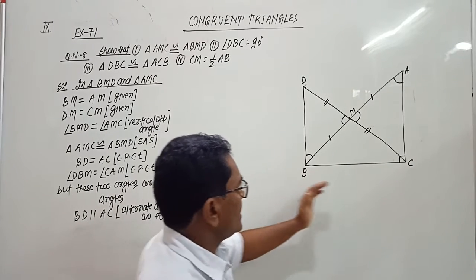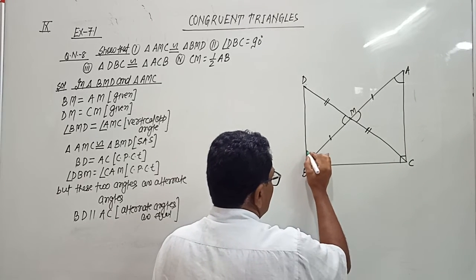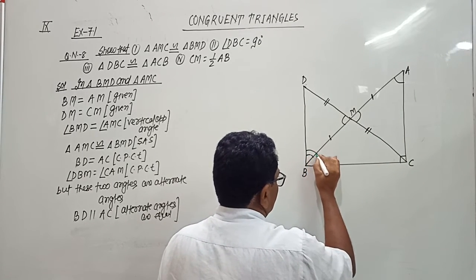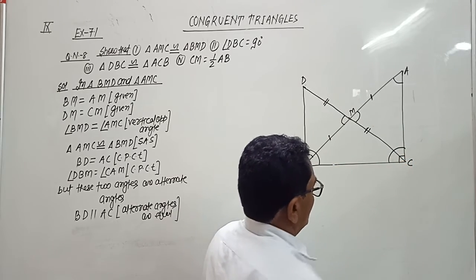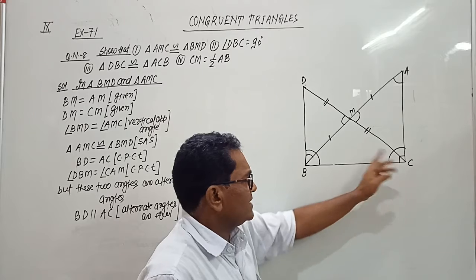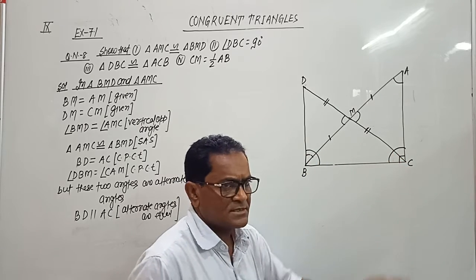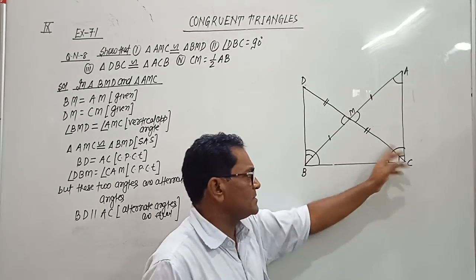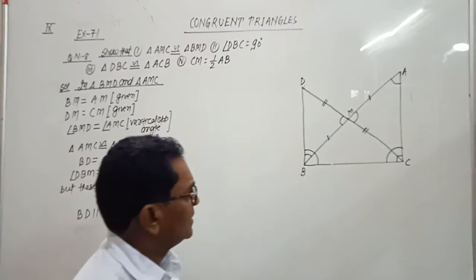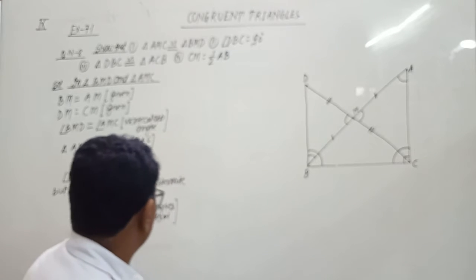Now BD is parallel to AC, and if two lines are parallel and BC is the transversal, then the sum of interior angles on the same side of the transversal must equal 180 degree.